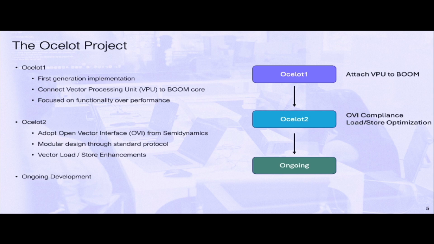From a community perspective, it also promotes collaboration. Teams across different organizations can now build to the same interface and share components more easily. Beyond just adopting OVI, we've also introduced targeted optimizations, especially for vector memory instructions, and continue to improve Ocelot for more robust and efficient vector processing.